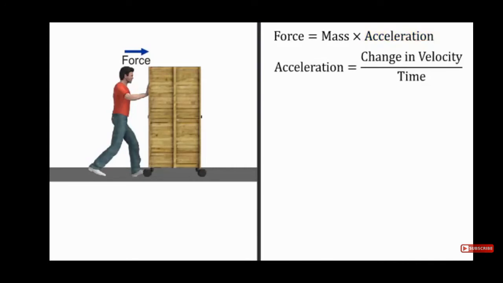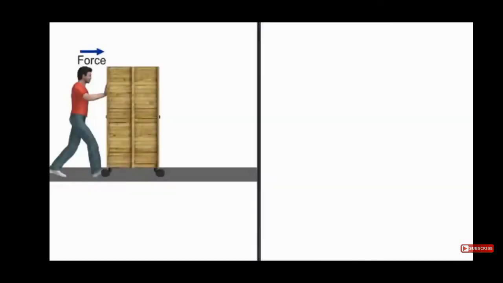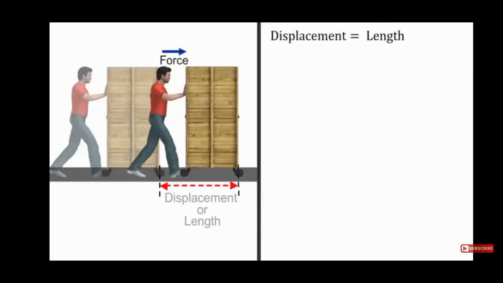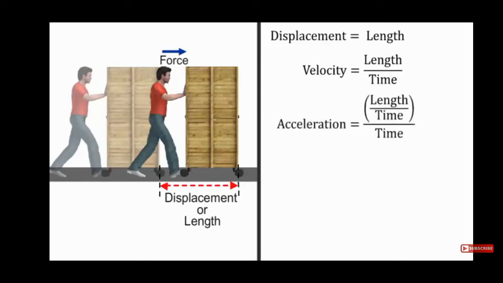Velocity, which is also a derived quantity, is the ratio of displacement to time. Displacement, in basic terms, is length. Thus, velocity can be expressed as the ratio of length to time. Using the same logic, we can write acceleration as length by time divided by time.